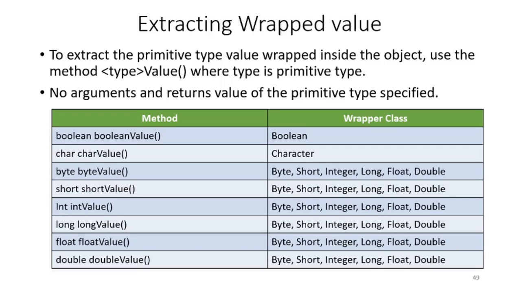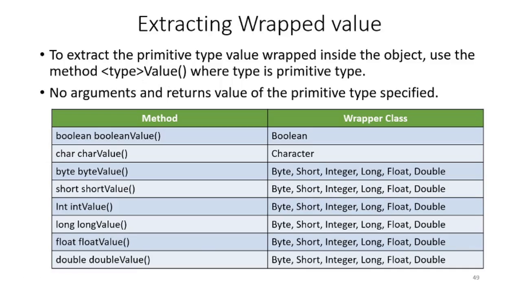So what topics did we discuss today? Extracting the wrapped value. And one more thing I forgot to tell you in this topic: all the number wrapper classes, that is byte, short, integer, long, float and double, are subclasses of the Number class and hence have the method typeValue, where in angular brackets before value we have the type for each type.